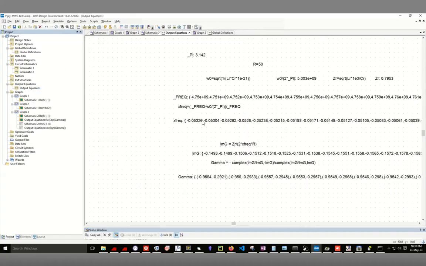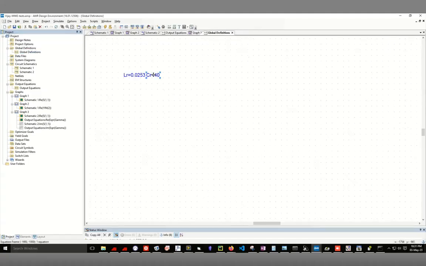So if I now go to the global definitions and change the value of L and C, I'm going to do it in such a way that the resonant frequency remains the same. So I'm going to multiply and divide by the same factor. Basically, I'm going to make this a factor of 10, where that 2 came from.